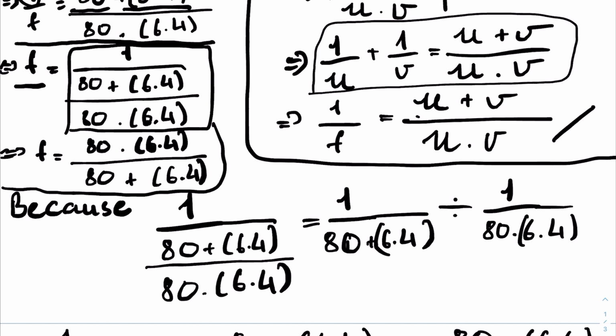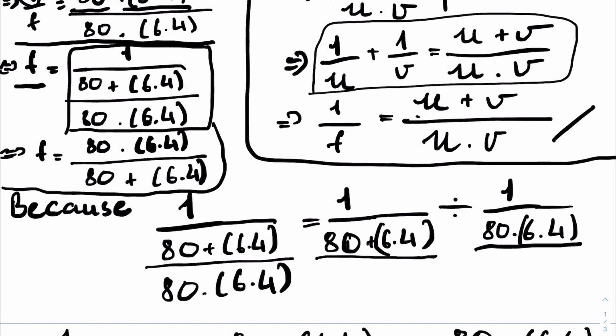So we can solve it by taking the first fraction and multiplying it by the reverse of the second fraction.